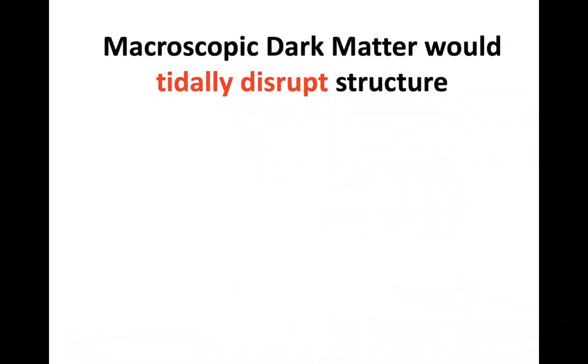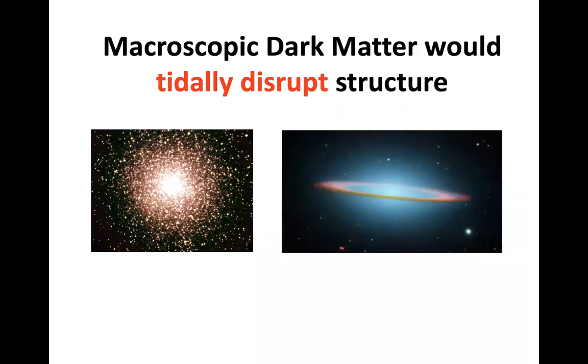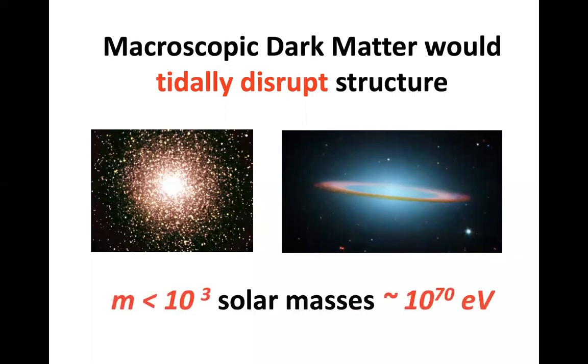But coming back to the question, how heavy can the dark matter be? What is really key phenomenologically is the fact that very heavy dark matter, if it is point-like, would act exactly like a bullet and destroy some of the beautiful structures that we observe being very resilient in the universe, such as globular clusters or disk galaxies with very, very stable disky structures that survive, as far as we can tell, indefinitely in the universe.